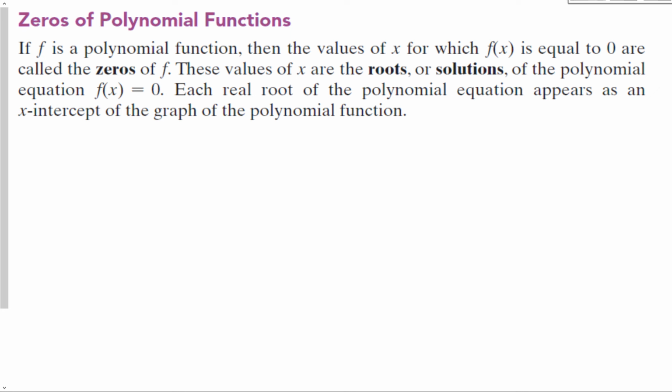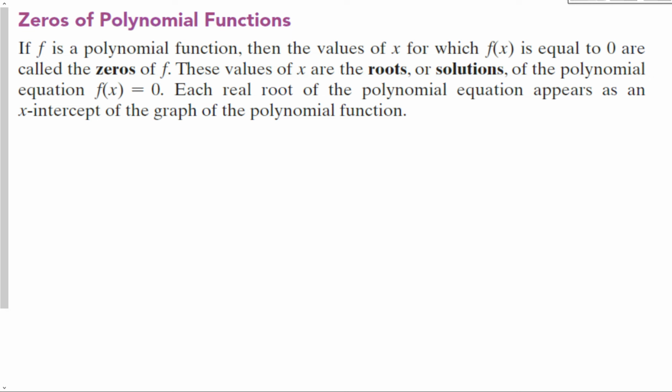Okay? So, next section is called zeros of a polynomial function. If f is a polynomial function, then the values for x, which f of x is equal to 0, are called the zeros of the function. These values of x are also called roots or solutions of the polynomial equation f of x is equal to 0.